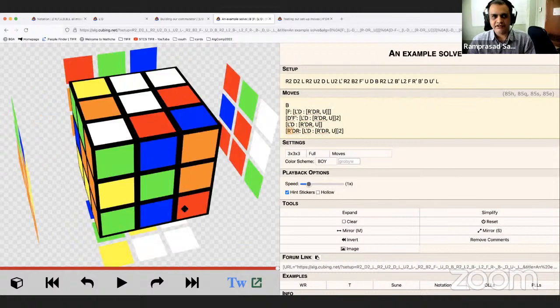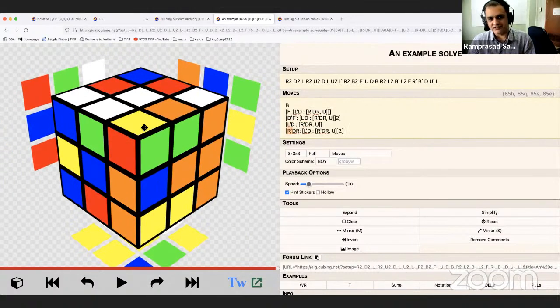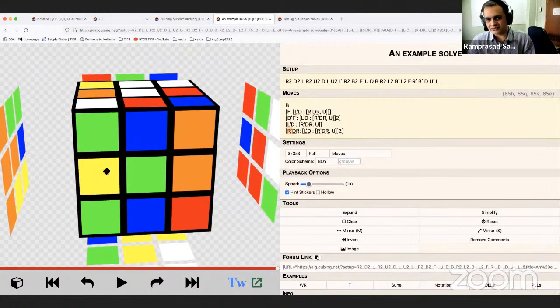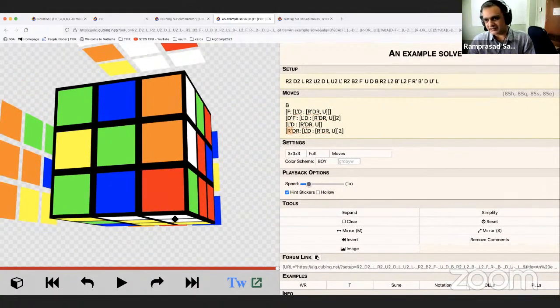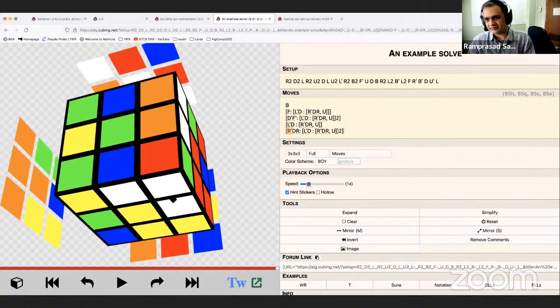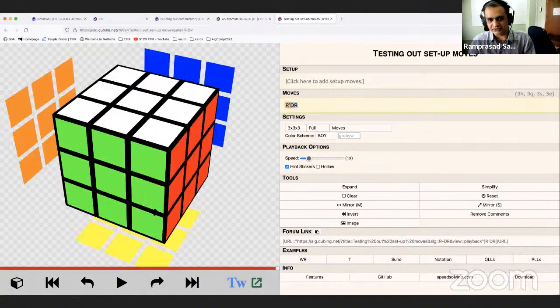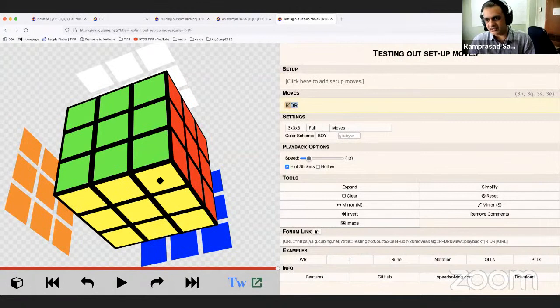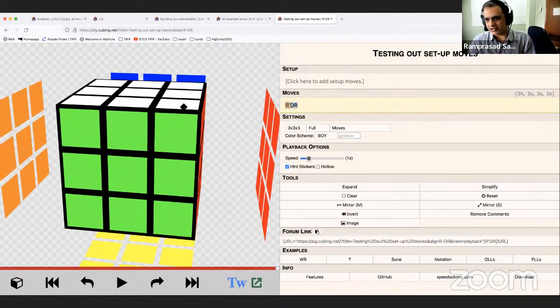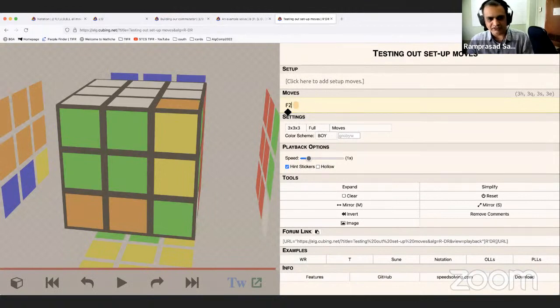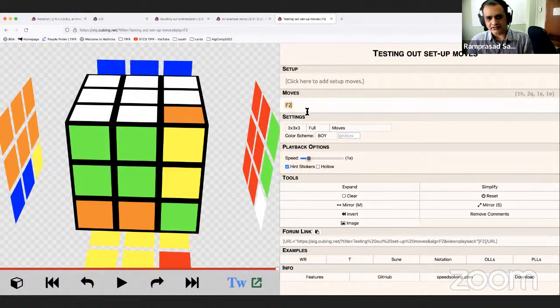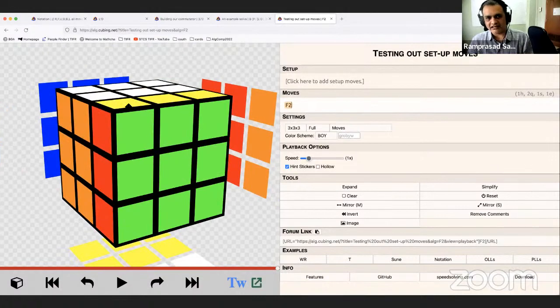Okay. Now we again look at the next piece, which is yellow, red, green. And we ask, where is this supposed to be? The yellow, red, green is supposed to be here at the bottom. Let me just show you on the completed cube. This is where the yellow, red, green is supposed to be. This is the face I want to come here. So if I were to do F2, that yellow, red, green thing comes to this corner.